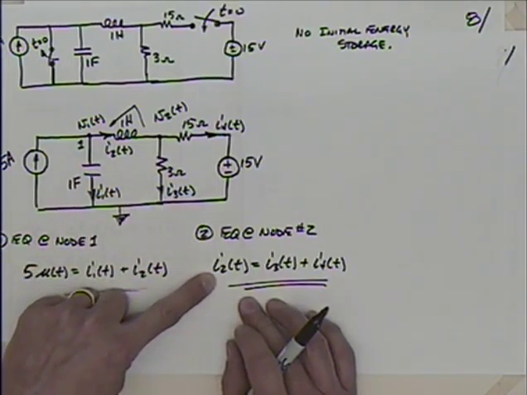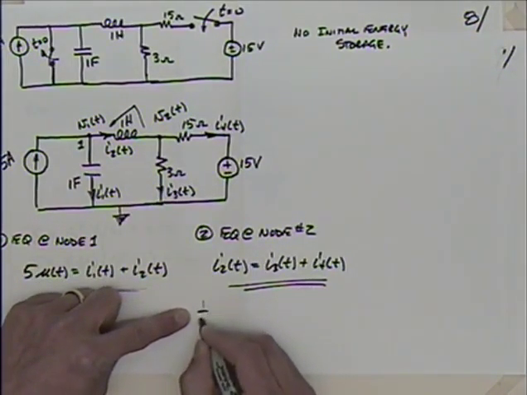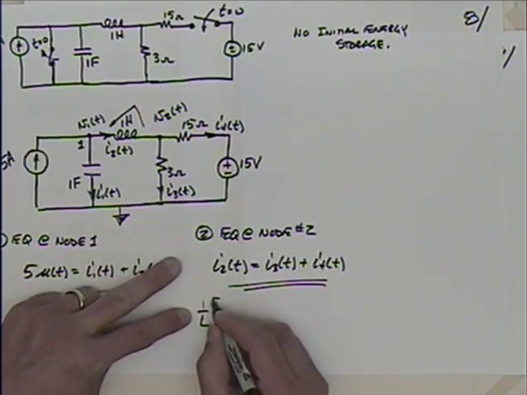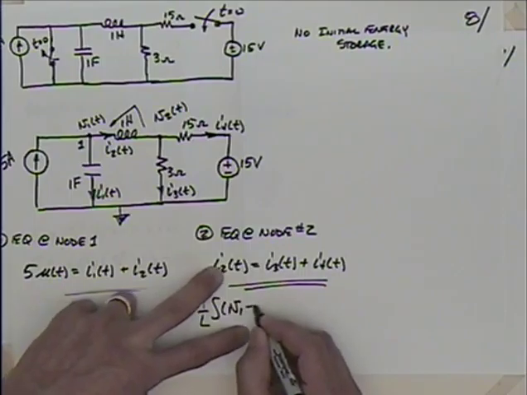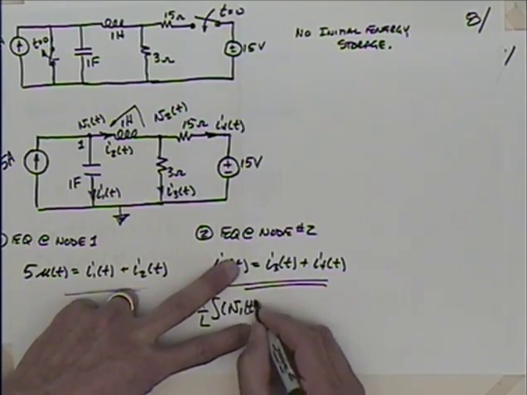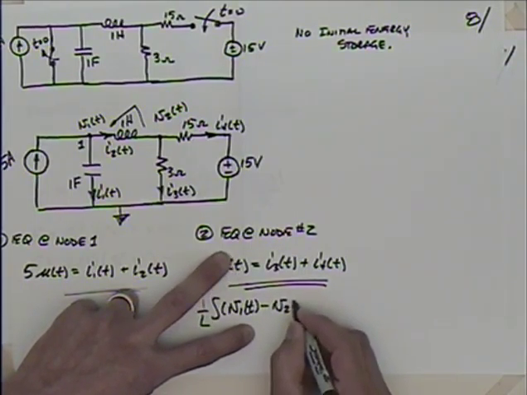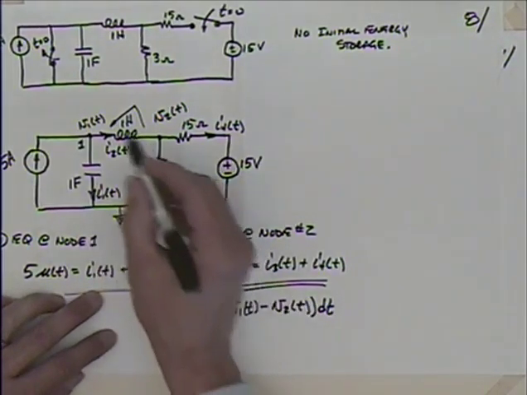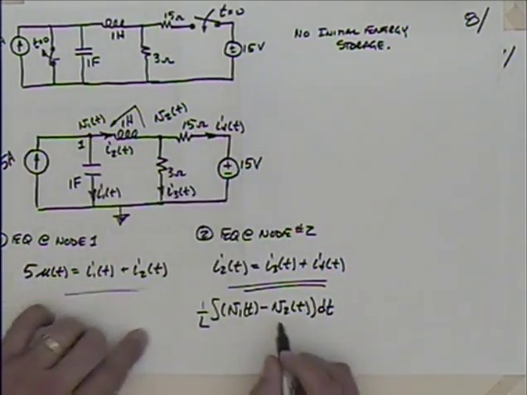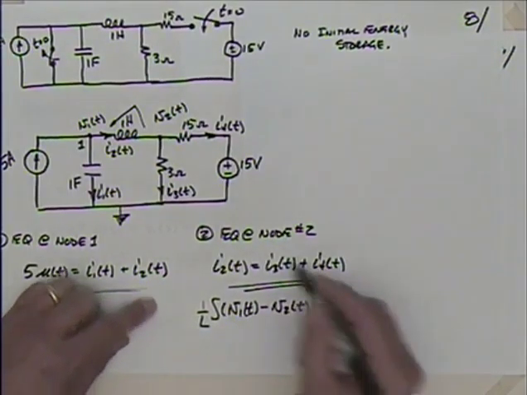So what's I2 going to be? That's just going to be 1 over L times the integral of V1 of t minus V2 of t dt. Is that right? Yeah, V1 minus V2. So that's that, is equal to I3.